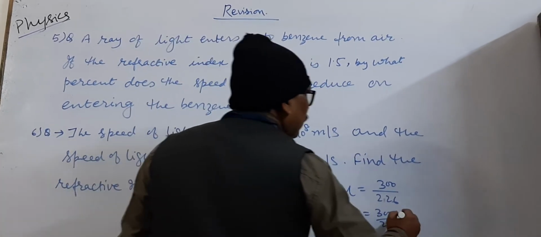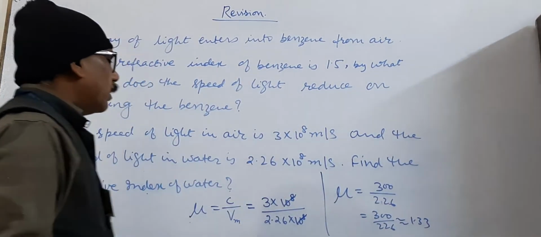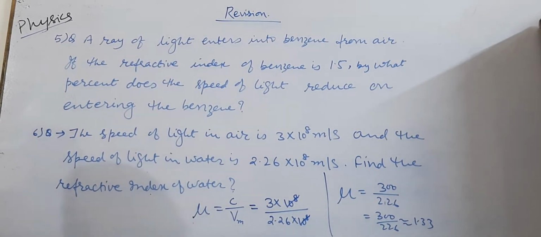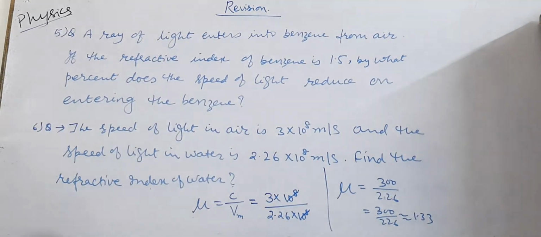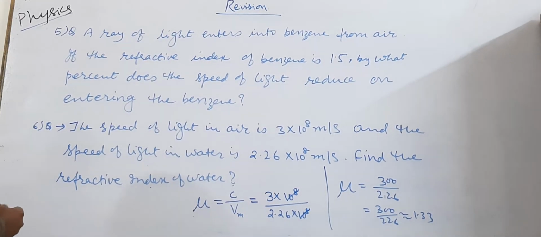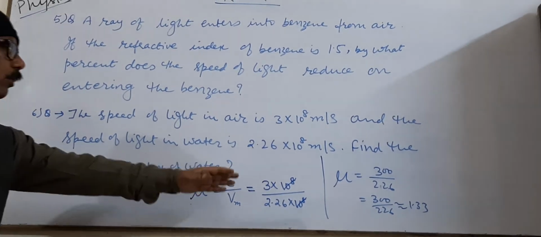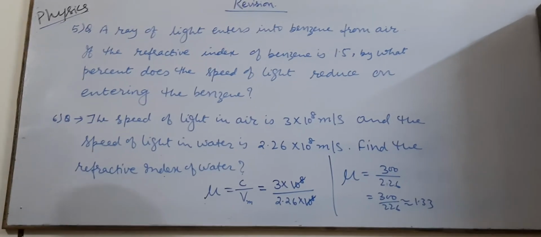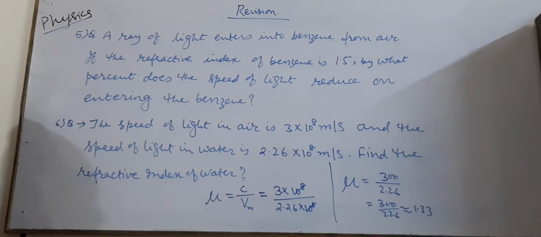Now we will solve this, it will be approximately 1.33. So the refractive index of water is 1.33. Now we will see the above question. I hope you have understood. By using the simple formula, you can calculate the refractive index of water with the help of the data given, velocity of light in air and velocity of light in water.